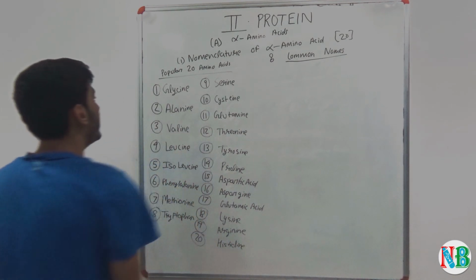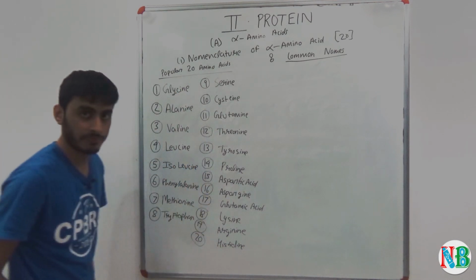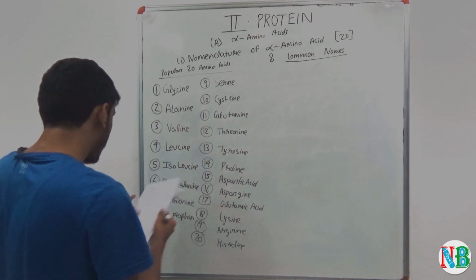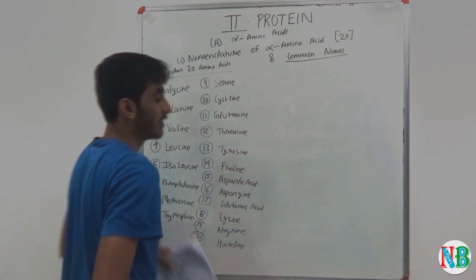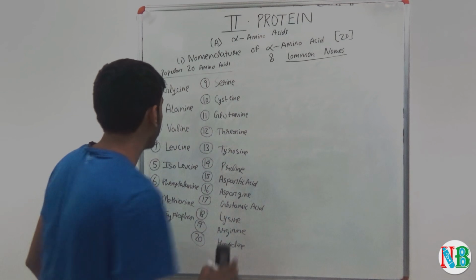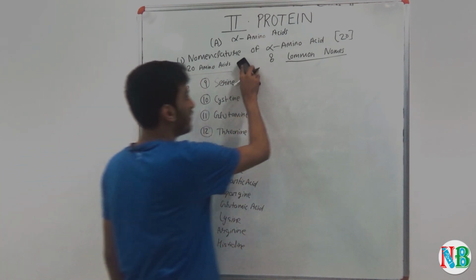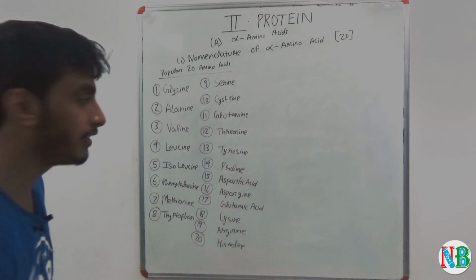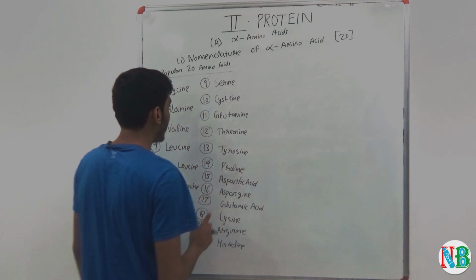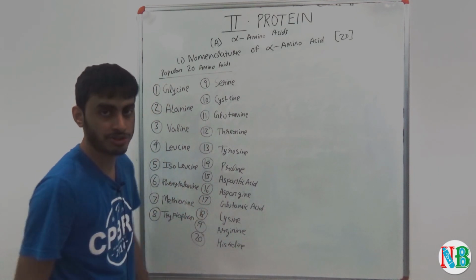Okay, so these are the most important and the popular ones. Now the second part of the unit is about how to classify them, how to see which amino acids have which kind of properties. All these amino acids have only one thing in common, that they have at least one NH2 group and at least one COOH group.